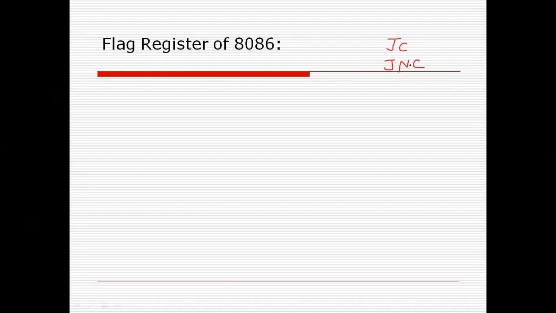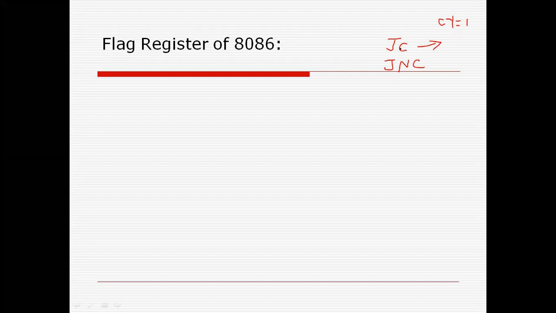What does jump on carry mean? After performing any operation, if the carry flag is 1, or set, then the program sequence is jumped to some other memory location.